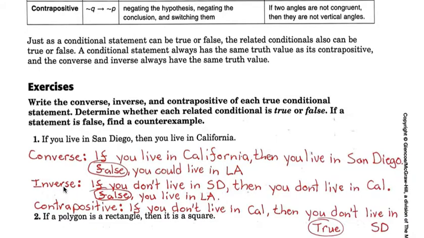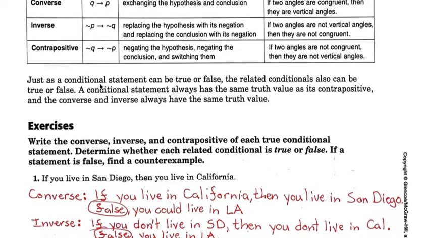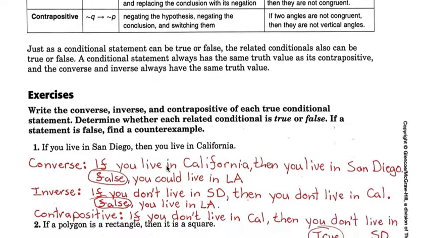The inverse. Now remember the inverse, that's where we give nots to P and Q. We don't switch. If you don't live in San Diego, then you don't live in California. Well, again, that's not true. You could live in LA. That would be the counterexample. The last one, contrapositive.